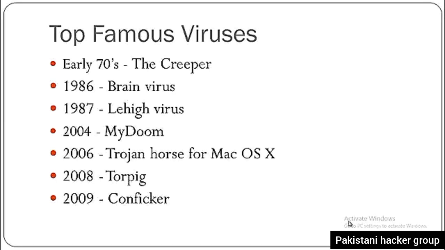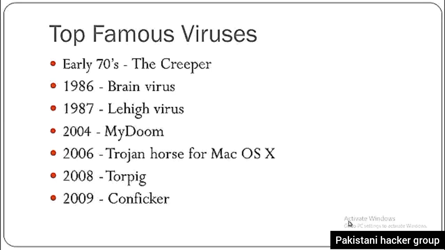After that, we had the Lehigh virus in 1987. It was the first memory resident file infector that attacked all executable files and took control whenever a file was opened and whenever it was closed. After that, later on, we had the Jerusalem virus, which I have not yet mentioned over here. The Jerusalem virus had bugs inside that reinfected files that were already infected.